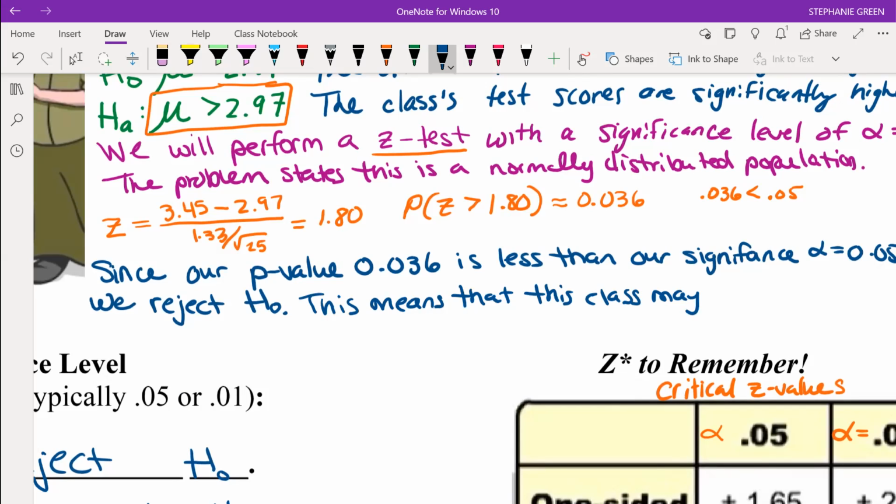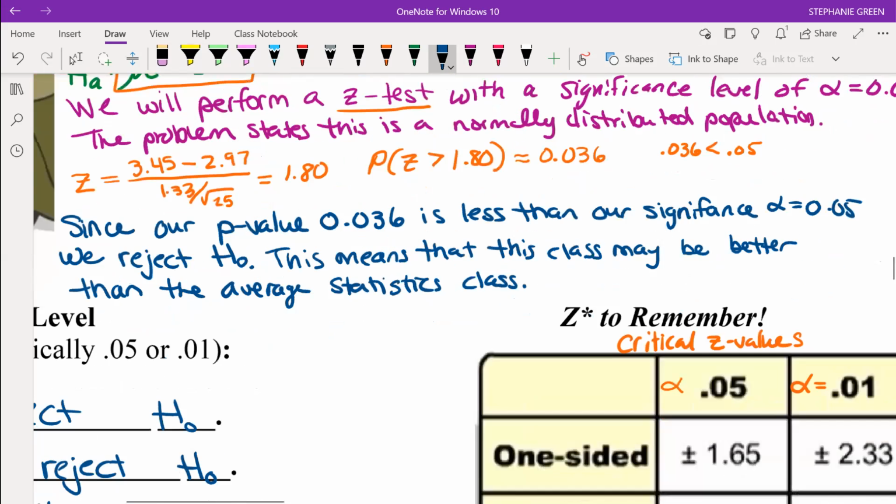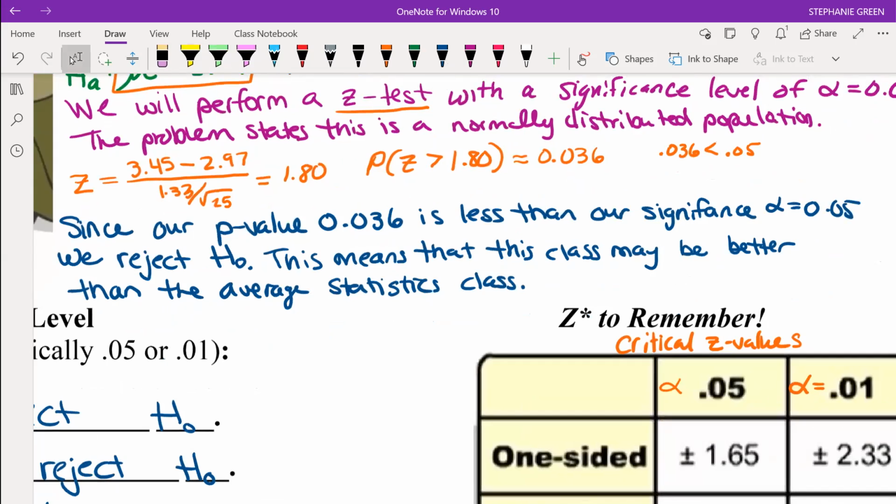This means that this class may be better than the average statistics class. Okay, my goodness. And there we go. Now I have my conclusion stated not only in statistic world numbers, but also in context of the problem. So we are done with that question.